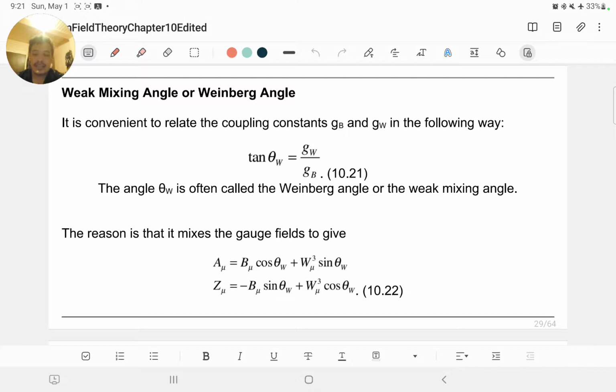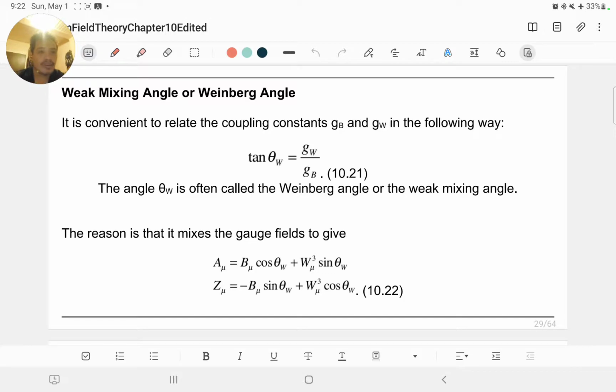But class, actually there's mixing between B mu and W mu 3, and that mixing makes the A mu, which is really the field for the photon, and Z mu, which is the field for the Z particle.